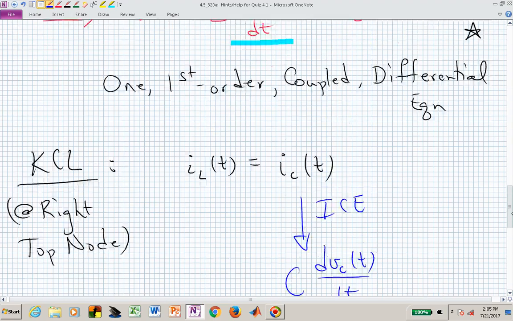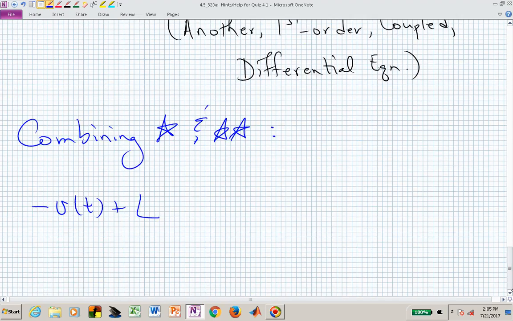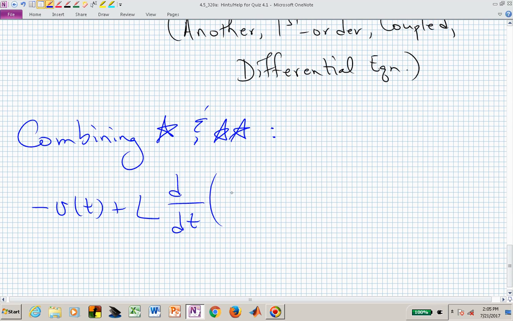So now here we have L dI sub L dt, which says that we now have L d by dt of I sub L, but I sub L is now C dV sub C dt. And then the C is constant, that can be slid out, and we now have this second derivative of V sub C.